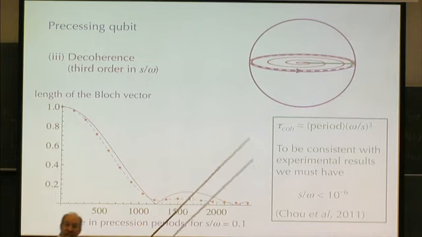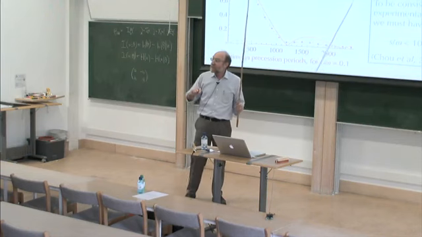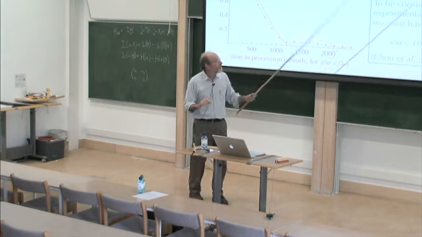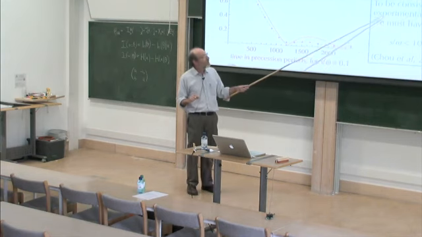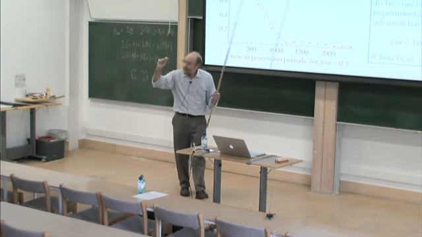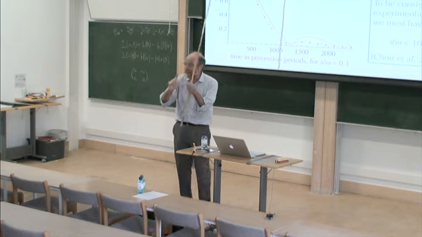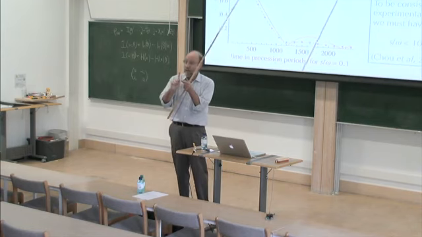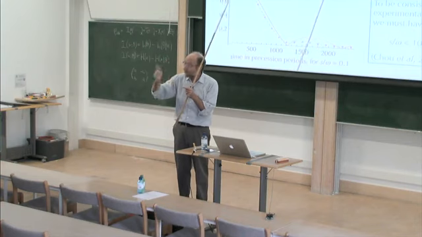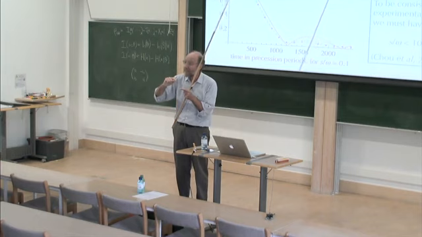And then we looked around to see what experimental result puts the most severe constraint on our parameter. And we found one by Dave Wineland's group where they have an atomic transition in a trapped ion. This is an optical transition, so the frequency is something like 10 to the 15th per second.